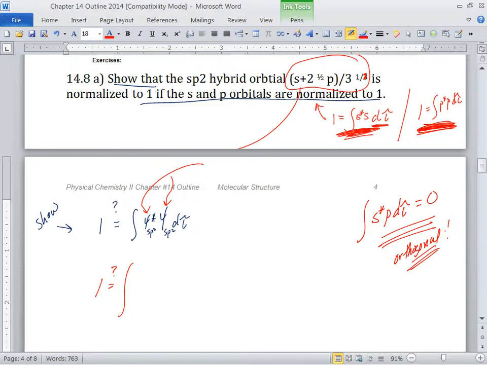But the square root of 2, is it attached to the P star? Well, it's a number, so you can pull it out of the integral. So when you take this one through, S star times square root of 2 P, like even the square root of 3 thing you can pull out of the integral. You pull that square root of 2 out. All you're left with is S star P.